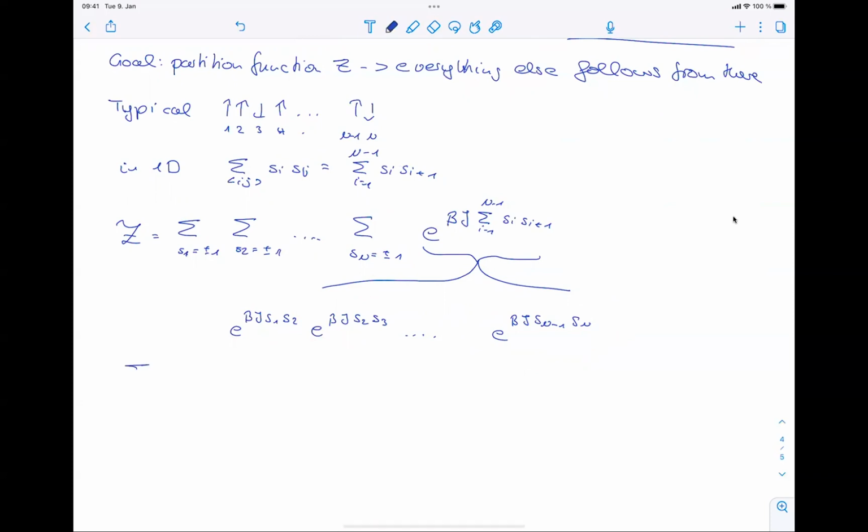So if we sum now over Sn equal +1 or -1 of e to the beta J S(n minus 1) Sn, then this is e to the beta J S(n minus 1) times 1 plus e to the minus for the opposite spin for Sn. And that's nothing else than 2 times the hyperbolic cosine of beta J S(n minus 1).